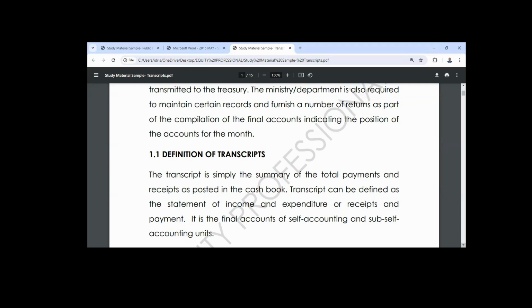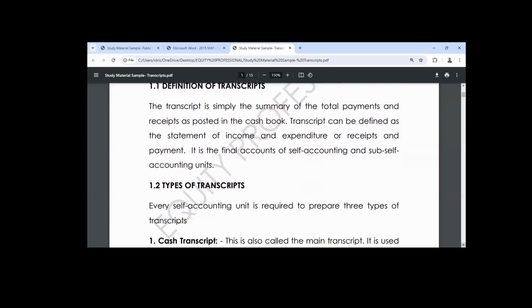A transcript can also be defined as the statement of income and expenditure on a monthly basis. It is the final account of a self-accounting unit and sub-self-accounting unit.